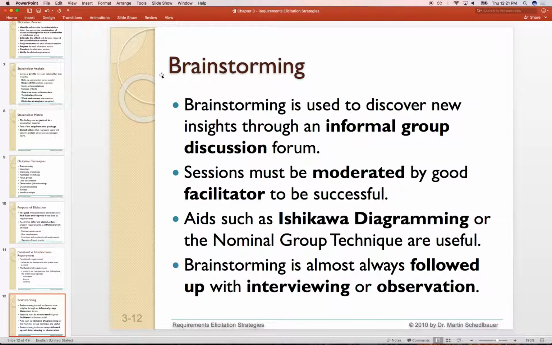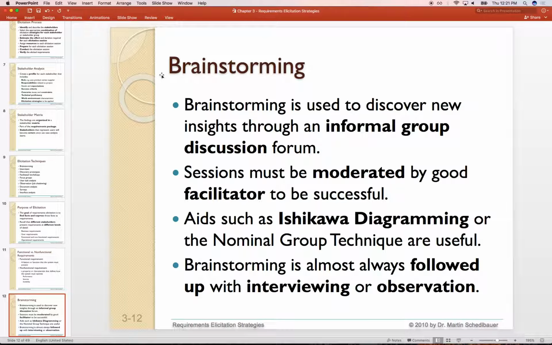So let's take a look at first at this first technique or strategy. Brainstorming is a requirements elicitation strategy where we have somewhat informal, open-ended discussions where everybody can shout, right, and say what they will, and nobody should be allowed to criticize that particular idea.